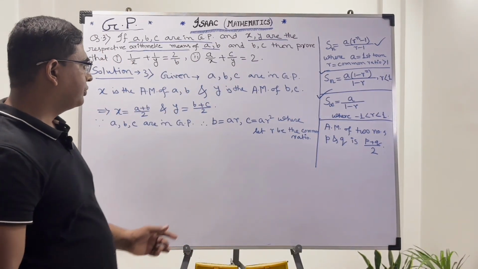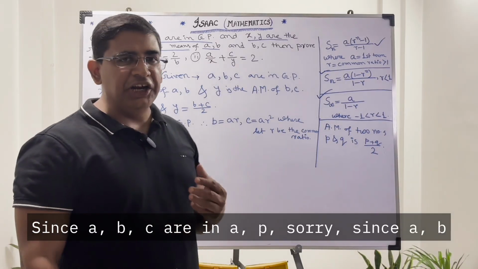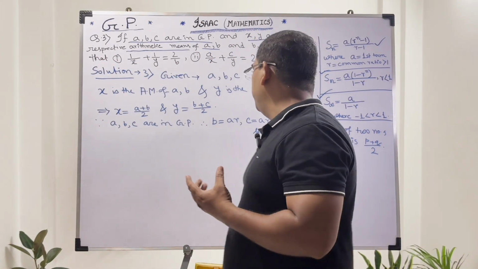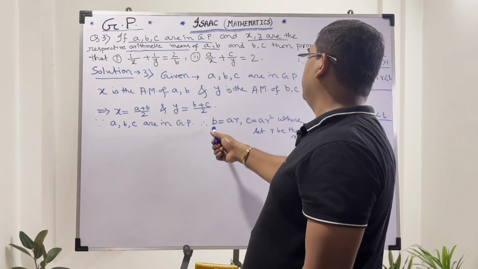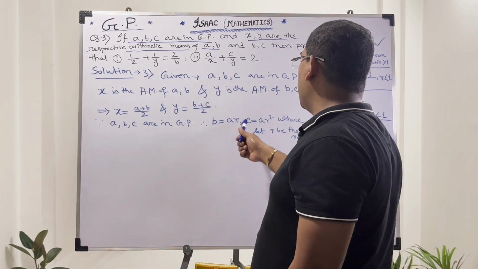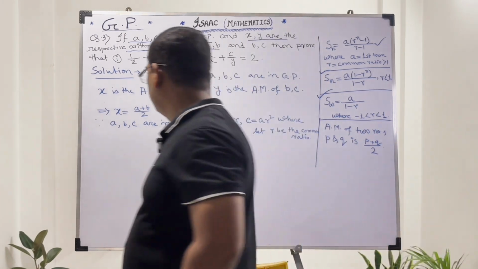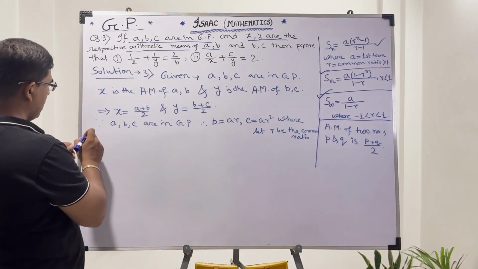Since A, B, C are in GP, we can let B equal AR and C equal AR square, where R is the common ratio.